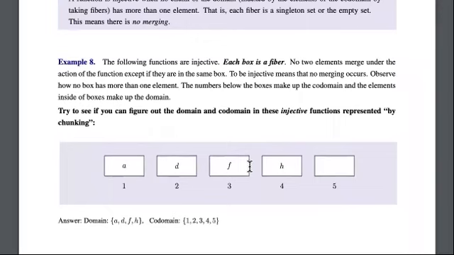A function is injective if, in a fiber box diagram, you look at all the fibers, which we're putting as boxes here, and there is never more than one thing in any box. Then the function is called injective. It's like the domain injects into the codomain. There's no merging.